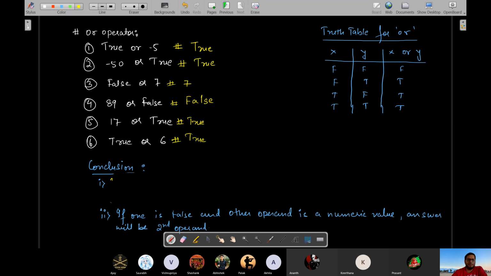So here we have observed if one of the operand is true, and other one a numeric type, the answer is second operand.